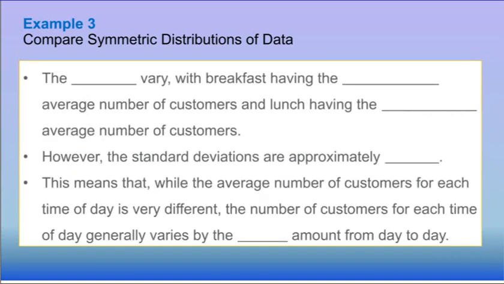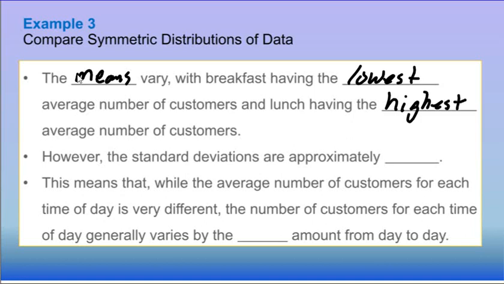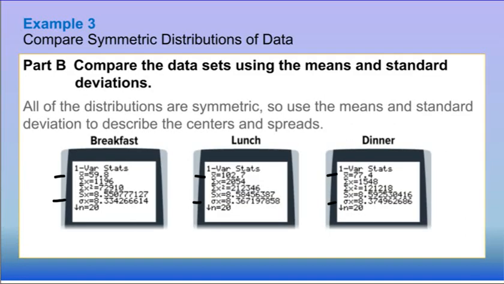So to do that, it says the means vary with breakfast having the lowest average number of customers and lunch having the highest average number of customers. If I go back to that, you can see breakfast has the lowest mean of 59.8, but lunch has the highest one.